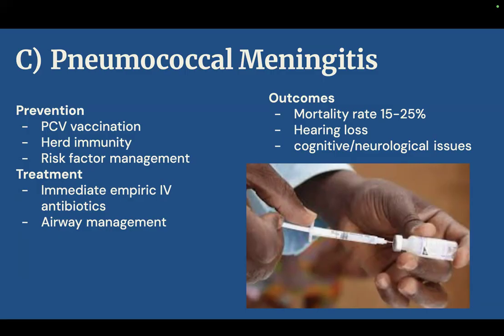Even with good therapy, the infection still has a significant mortality rate, usually 1 in 6, so 15 to 25%. Many survivors are left with complications such as hearing loss, seizures, and learning or memory problems, but widespread vaccination has really reduced those numbers and improved treatment.